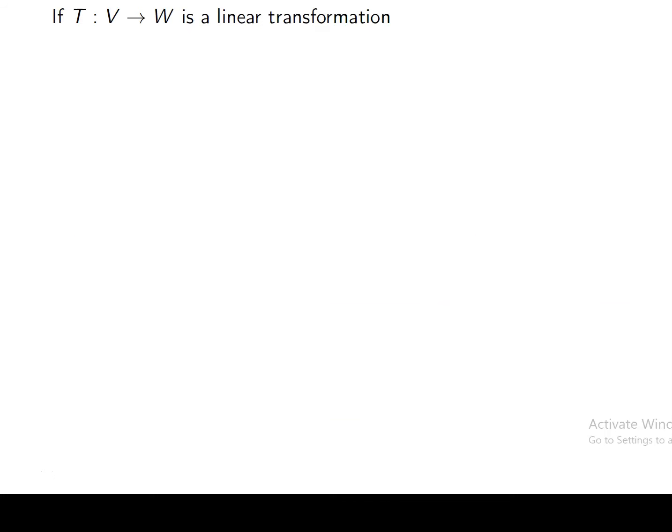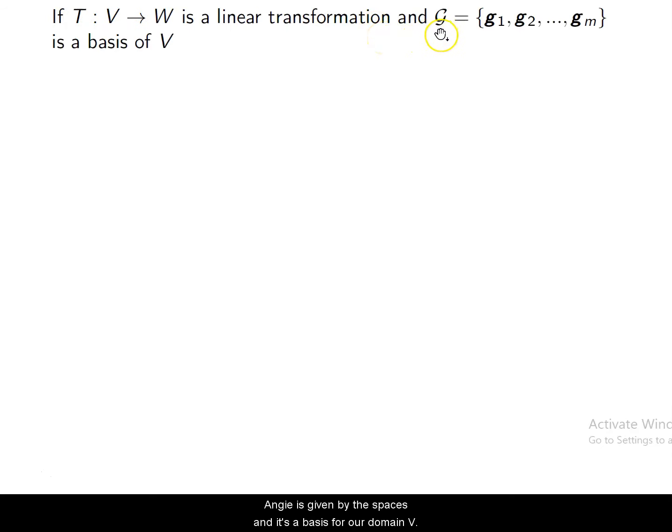So let's move forward. T from V to W is a linear transformation, and G is given by this basis, and it's a basis for our domain V, okay?